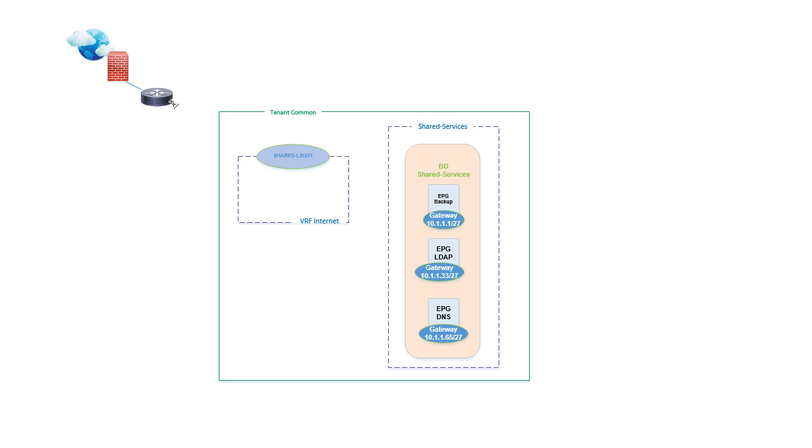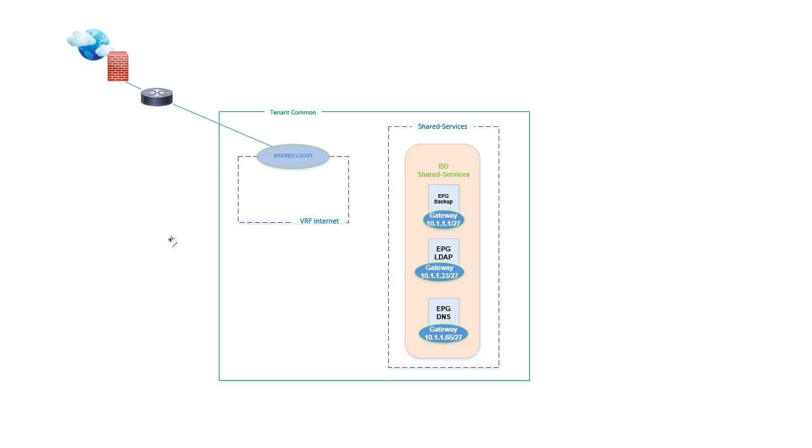And this is going to be actually a 6500 core switch, but we're going to call it a router. And that's going to connect into the shared layer 3 out. Or actually, it's going to connect into the ACI fabric, but we're going to be setting up a shared layer 3 out, layer 3 routed domain to connect into that 6500 router.